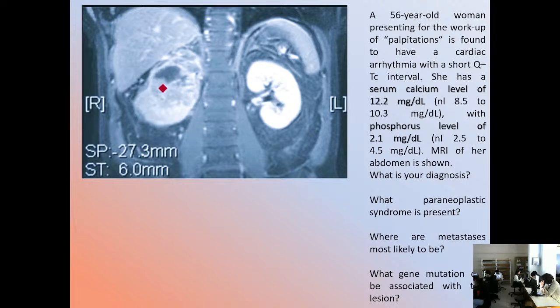Which glands? Yes. The parathyroids become enlarged, and this is a case of secondary hyperparathyroidism. Why secondary? Because the problem is not in the parathyroids themselves, the problem is in the kidney, and they respond to these problems by becoming hyperplastic.